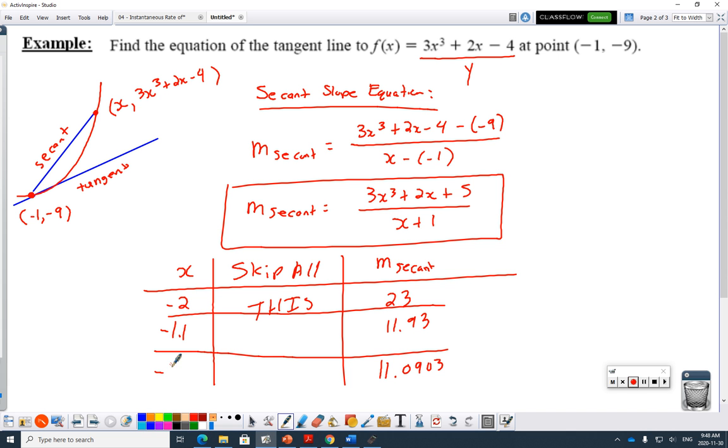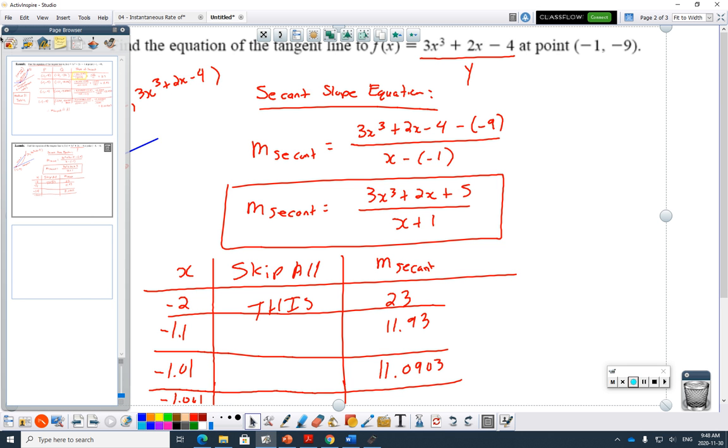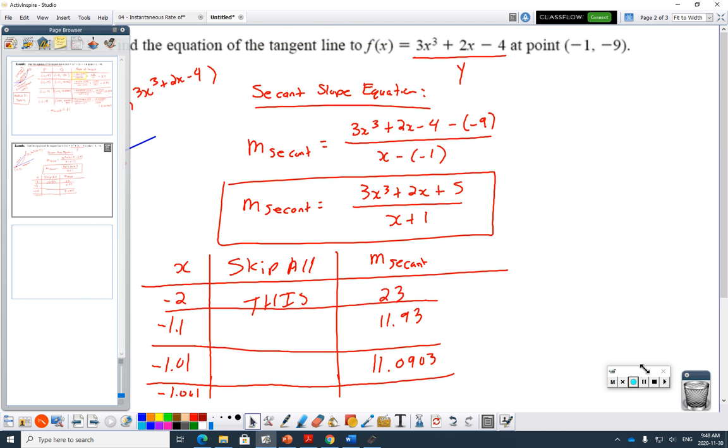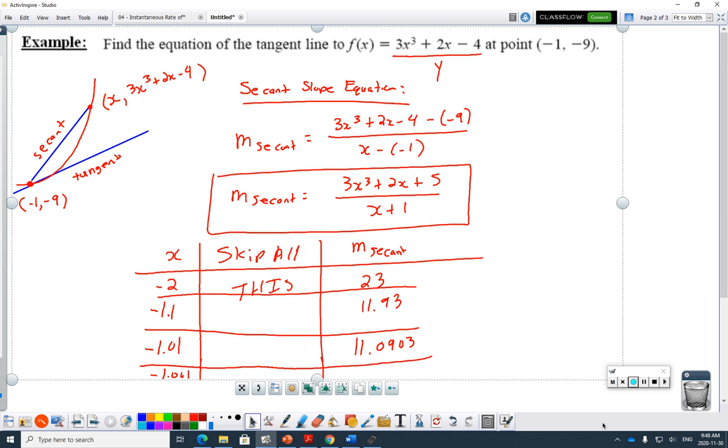When I went negative 1.01. And then I think I went one more. Negative 1.001. I'm just going to try and move that all up so you can see it better. Did I grab everything? Oh, I like that.